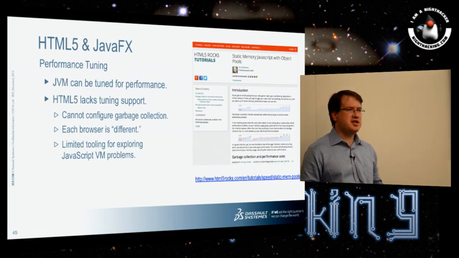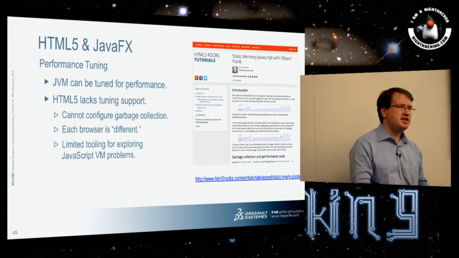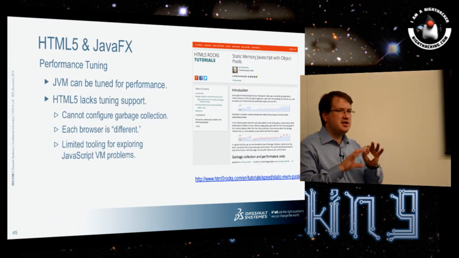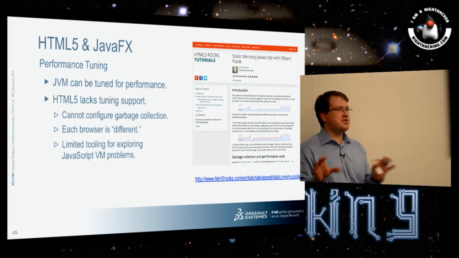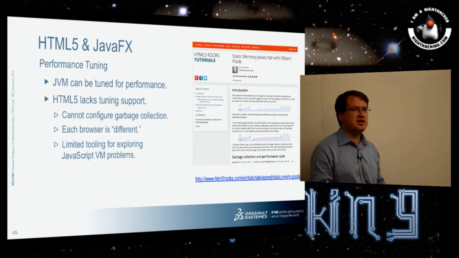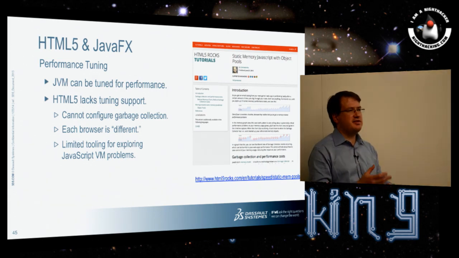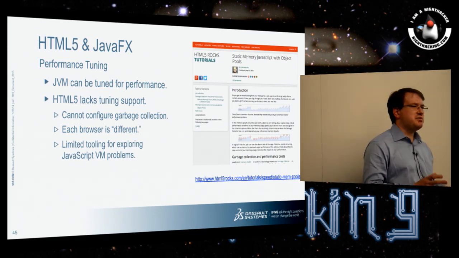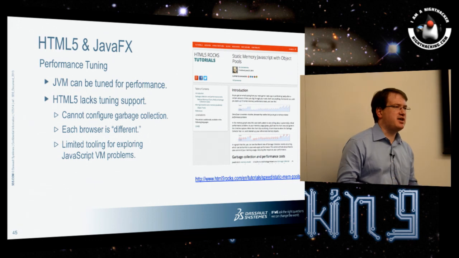You've got companies like JClarity that have tools that will tell you if objects are being prematurely promoted, how to adjust your permgen space and all these other myriad of things that you can control, set, and look at to try to find out what's going on with your Java application, right? You can generate heap dumps and then look at to find out what objects are in memory and who's referencing them. With JavaScript, you really don't have support for that, right?